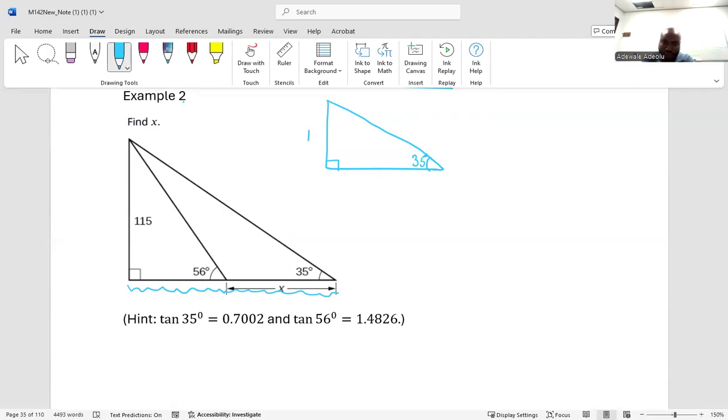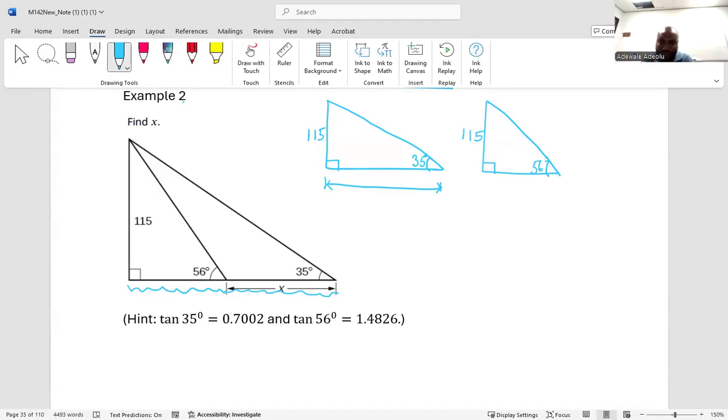and here is 115. And the other one is a smaller right triangle as well. Here is 56 degrees. This is also 90, and this is 115. Now, what we notice is that from here up to this place represents the entire length for that big triangle.